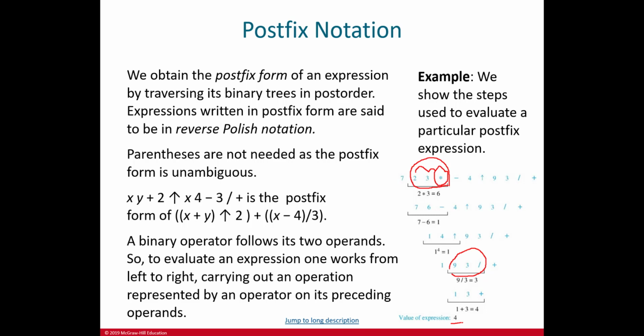We have to remember that while solving a prefix expression, we come from the right hand side towards the left hand side, and in postfix we start from the left hand side, find an operator, take two previous operands, and solve, substitute the value, again find the leftmost operator, take two previous operand values, evaluate that, and so on, and finally we are able to solve the postfix notation.